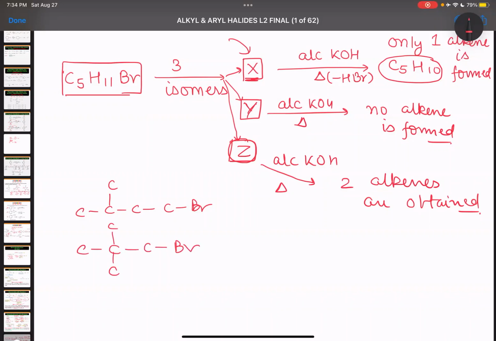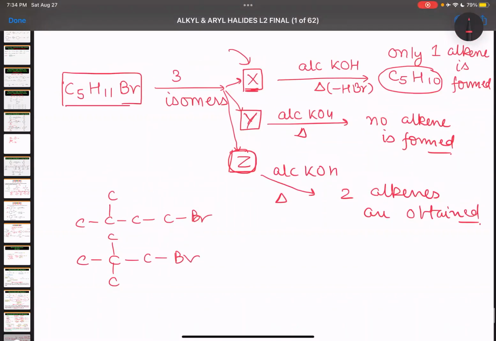Or I will give you the hint, you can select your answer. Cyclopentane? No, it is not a cyclopentane, it is an alkene, though cyclopentane also has the same formula C5H10. But we are considering only the open chain molecules, not the cyclic.